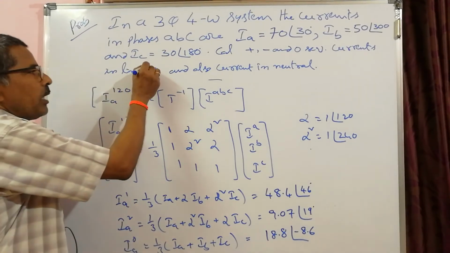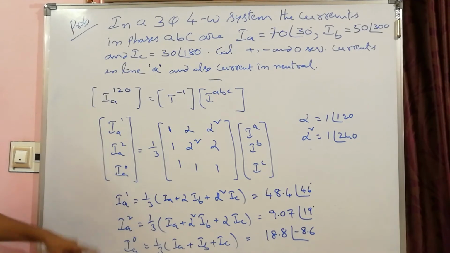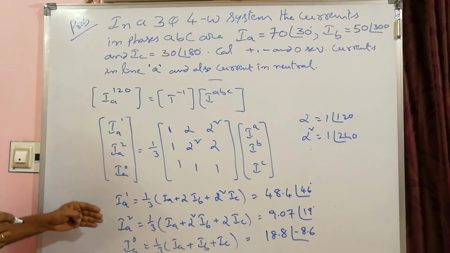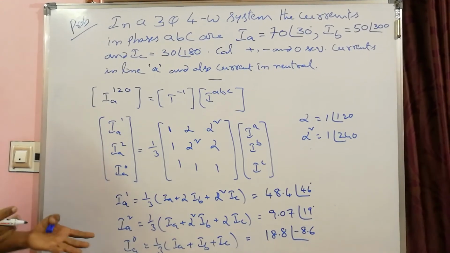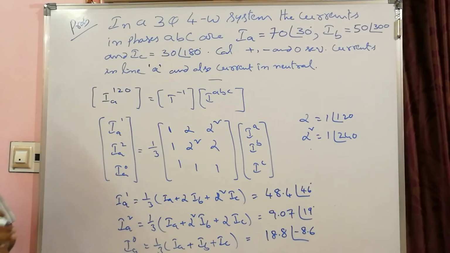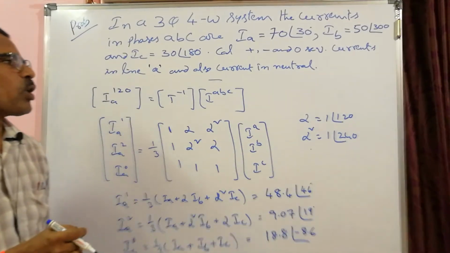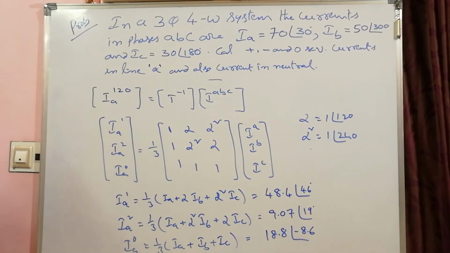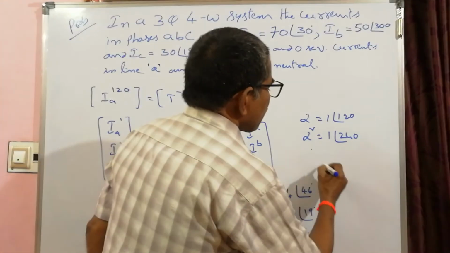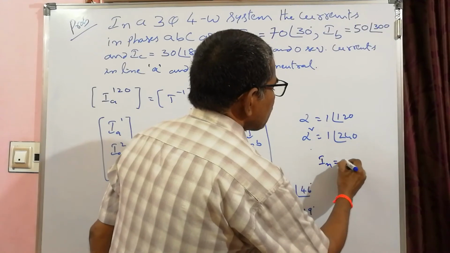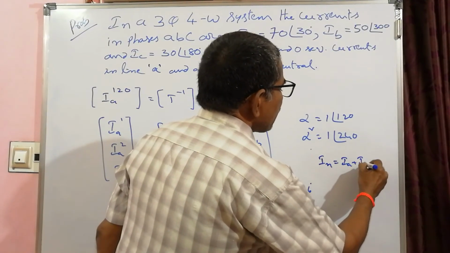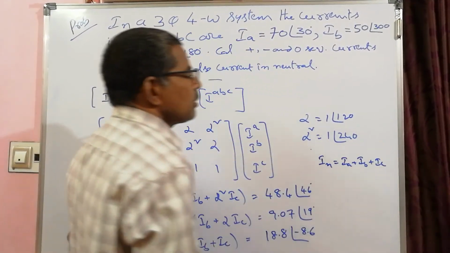And if you want IB1, IB2, IB0, IC1, IC2, IC0, you can evaluate them because you know the fixed relation. Then apart from that, you are also asked to calculate the current in neutral. What is IN? IN is IA plus IB plus IC, is it not?